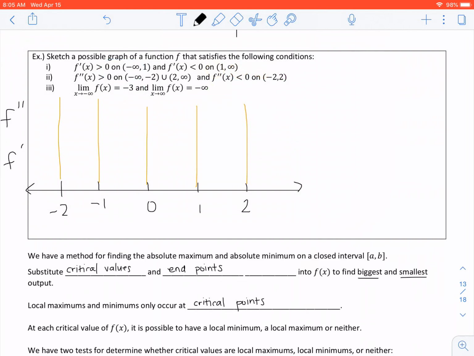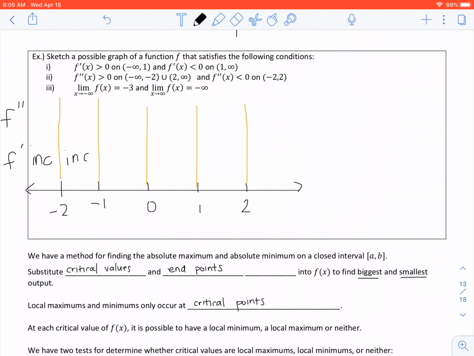Okay, so the first thing says that the derivative is greater than 0 from negative infinity to +1. So if your first derivative is greater than 0, that means you have a positive slope. That means your function is increasing.